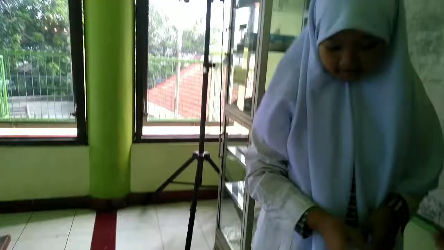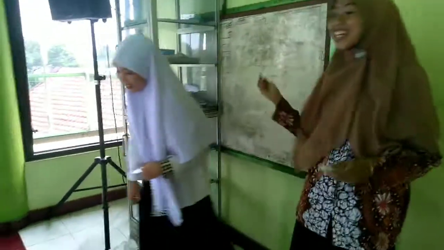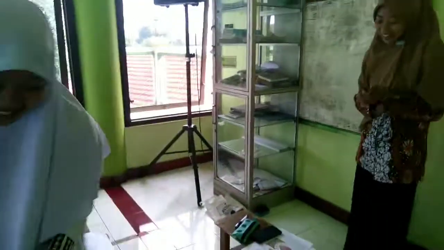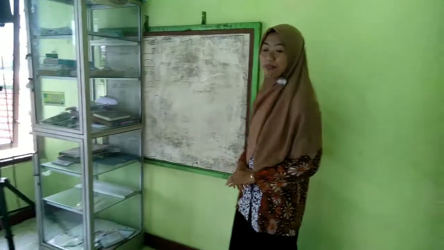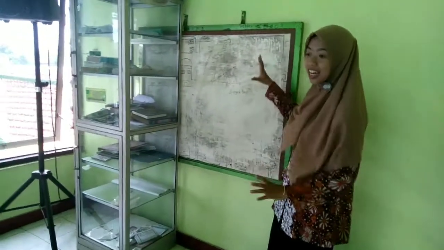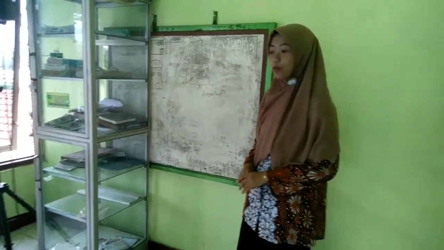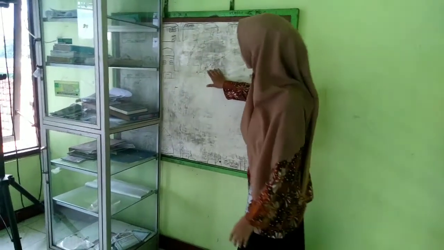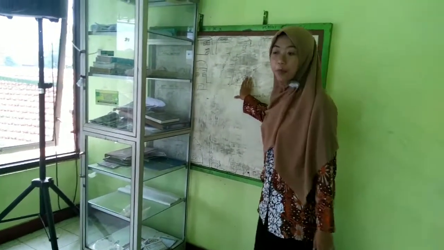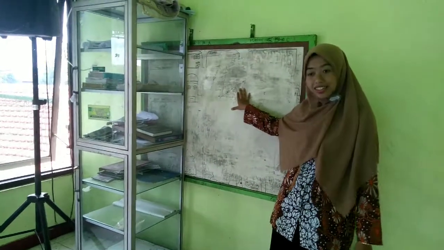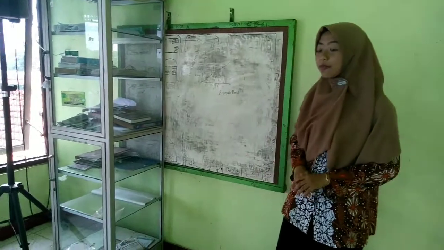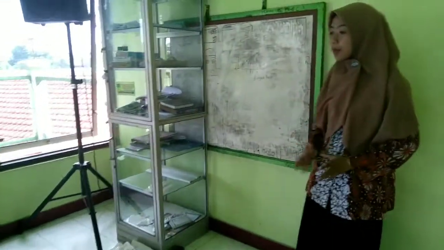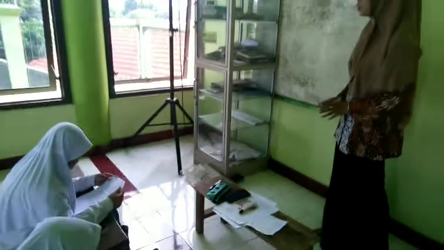Okay, thank you, Indri. Give applause first for Indri. Okay, everyone, that's what the direct proportion graph looks like. The direct proportion graph is a straight line with an upward slope. Actually, we don't need to connect the coordinate points on the graph because this is the discrete case. Do you understand?